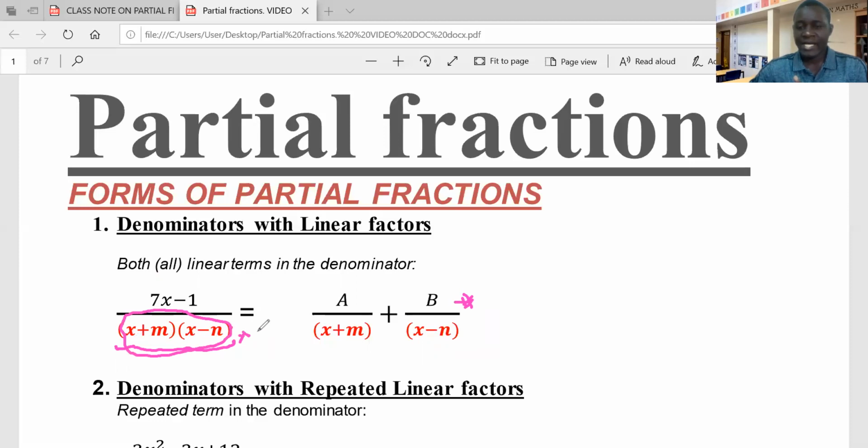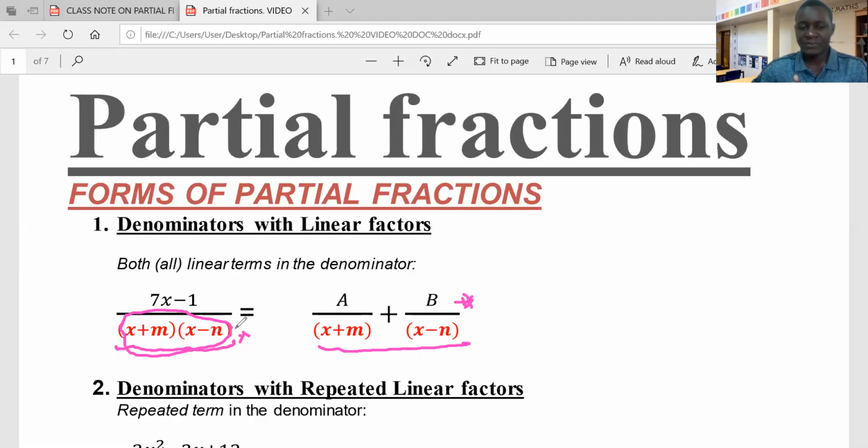So we have come to the conclusion that the denominator of a given compound fraction determines what the partial fraction will look like. So if we have compound fractions such as this that has linear factors, we express the partial fraction in this form: a over x + m plus b over x - n.